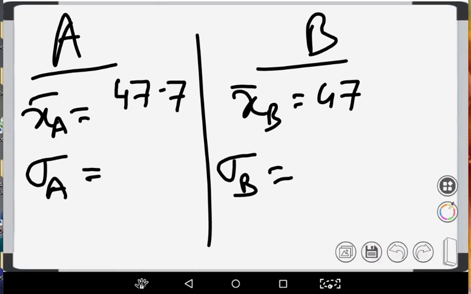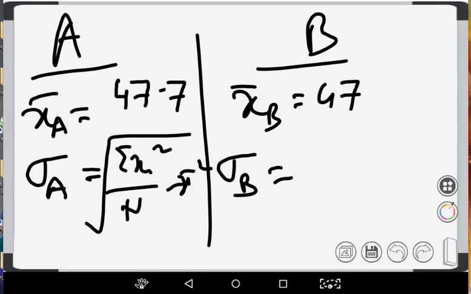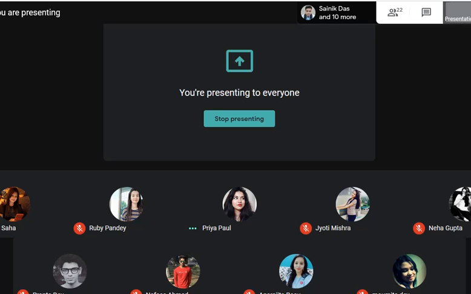Please find out the standard deviation for A and for B. Remember, for standard deviation, what is the formula? The square root of sum of xi square by n minus x bar whole square. So please calculate quickly. What do we get from our data?